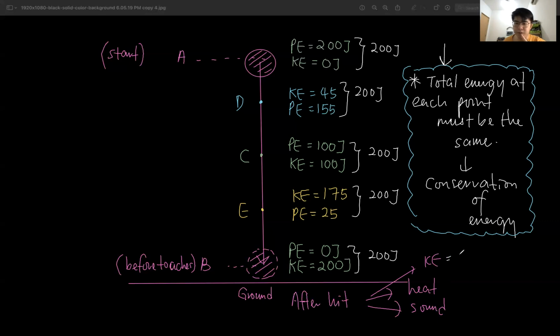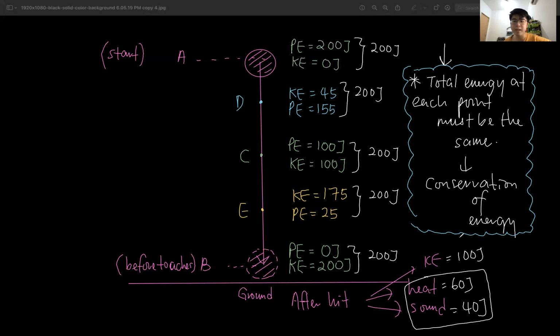So maybe you have 100 left. Where is the other 100? Okay, 60 go here, 40 go here. Because the remaining is only 100 for the kinetic energy, the rest has been transferred to heat and sound.